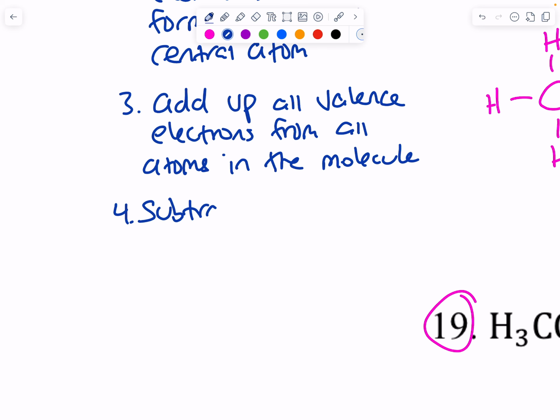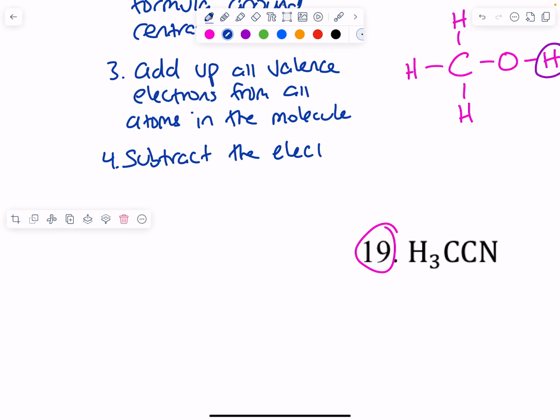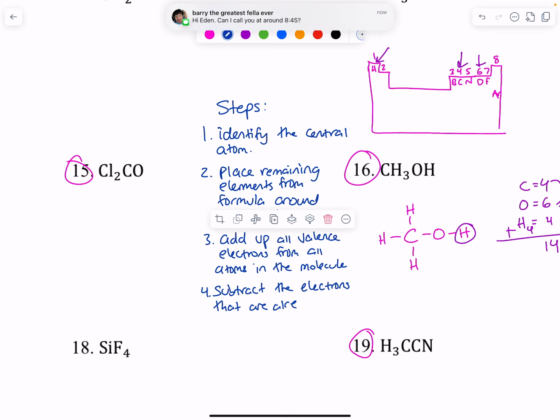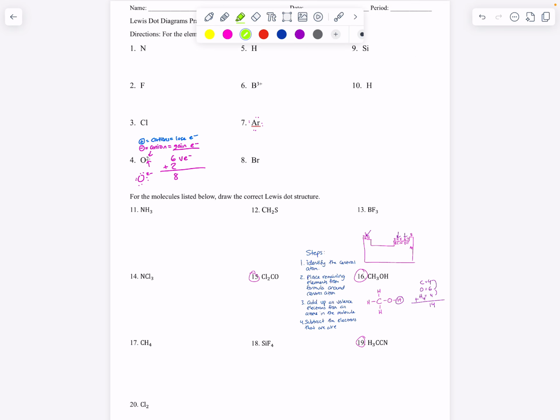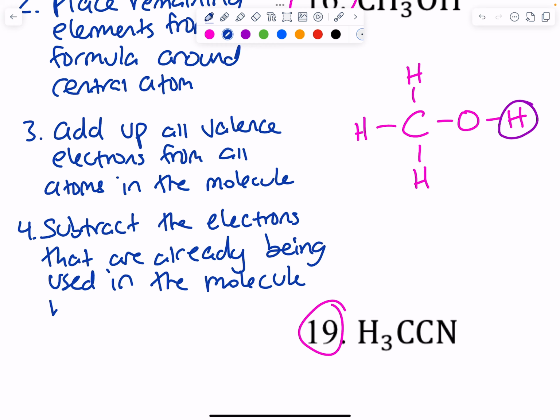Next, step 4. We are going to subtract the electrons that are already being used in the molecule with bonds, which are lines, the same thing.